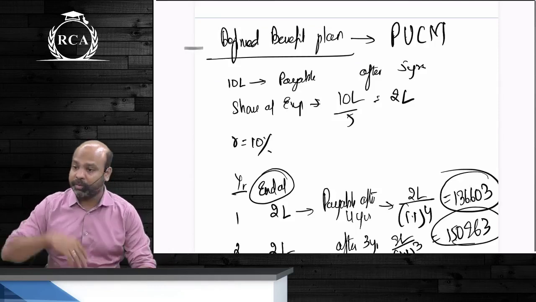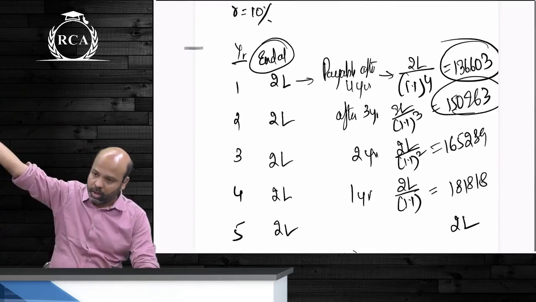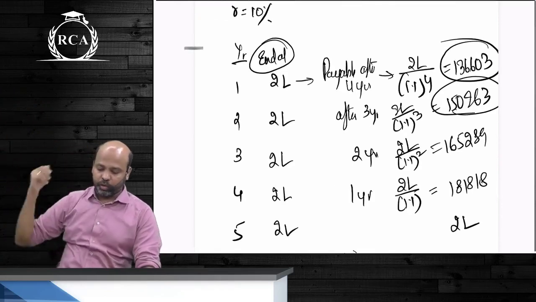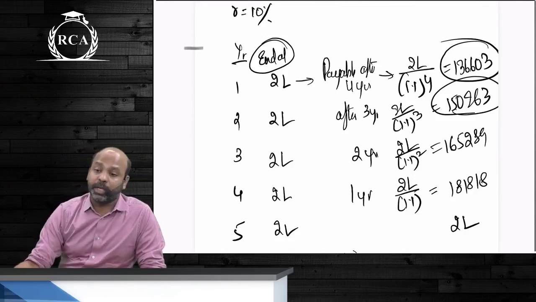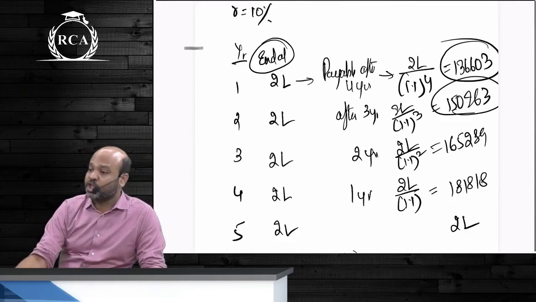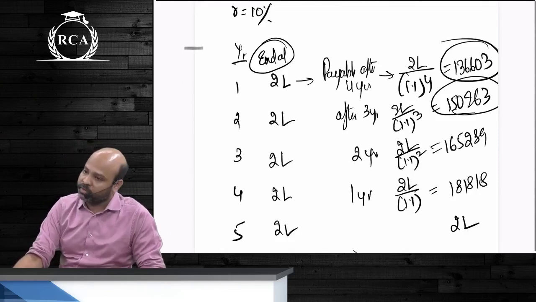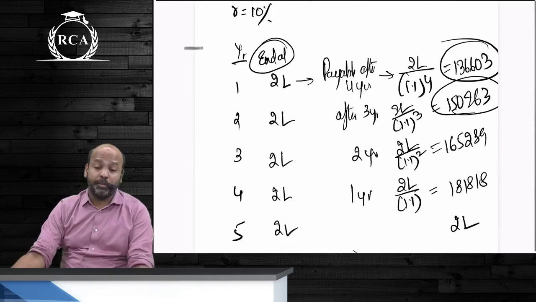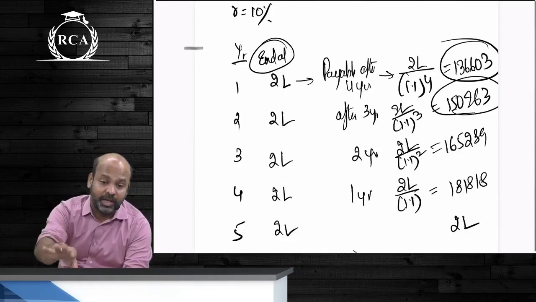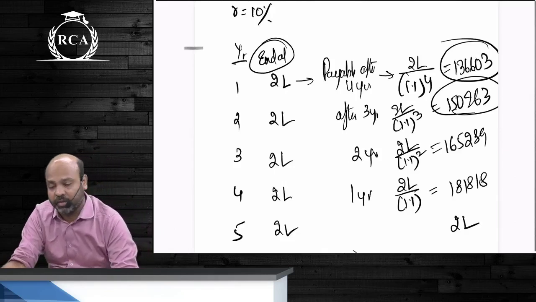However, because the amounts are still payable after a certain period of time, you are supposed to record them in present value terms. We took an example where 10 lakhs was payable to an employee after 5 years. So the share of expenditure of each year is 2 lakhs. Instead of booking 2 lakhs as expenditure directly in year 1, we booked the present value of 2 lakhs as expenditure, also known as current service cost.